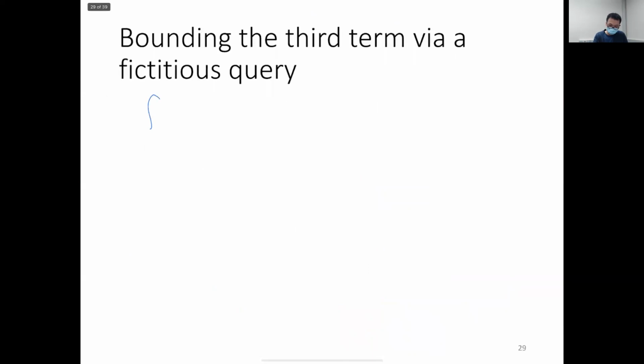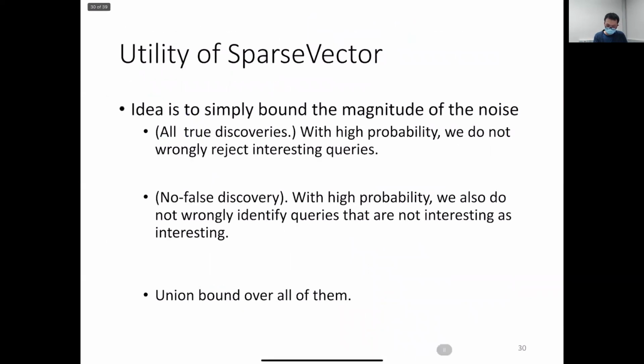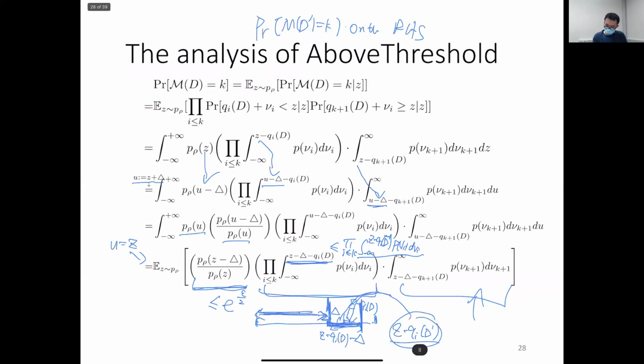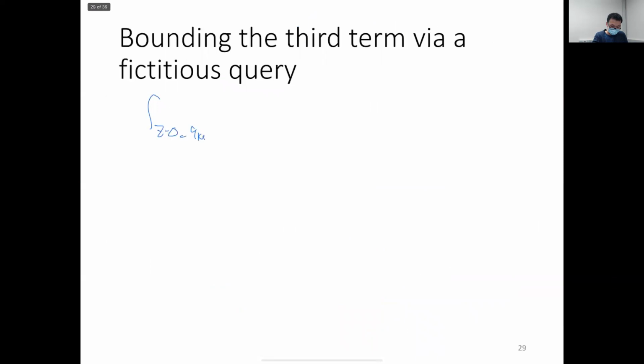Let me do a very quick one: the integral from z minus delta minus qk plus 1 d to positive infinity of p of nu k plus 1, d nu k plus 1. This is equal to the probability of nu k plus 1 larger than z minus delta minus qk plus 1 d, right?